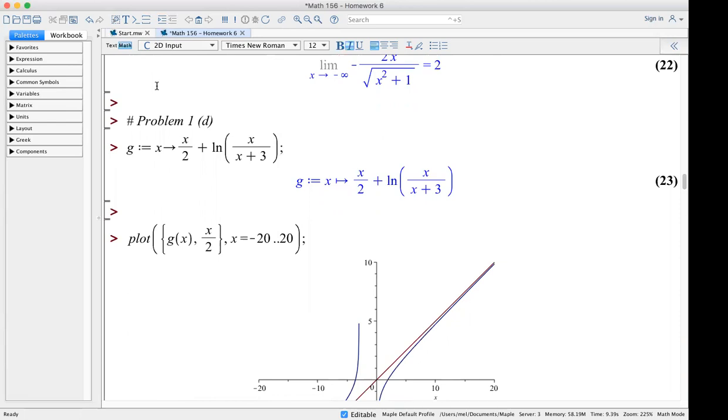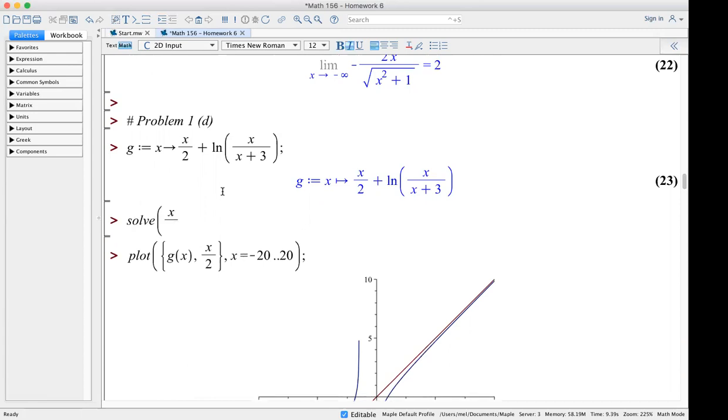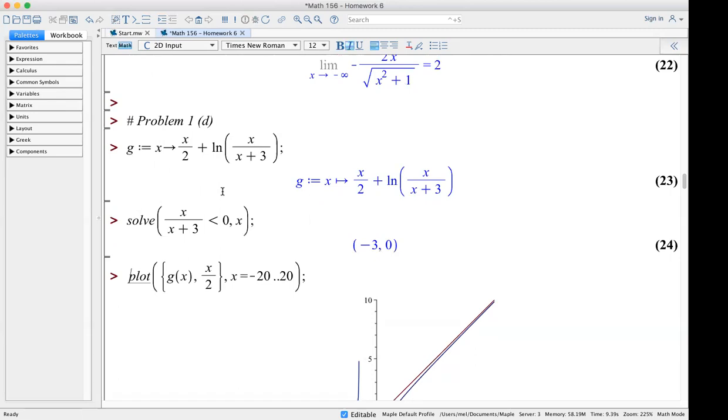Suppose I wanted to solve, you see, the logarithm's only defined for positive numbers. So when is x over x plus 3 less than 0? Solve that for x. From minus 3 to 0. So from minus 3 to 0, this is not defined.